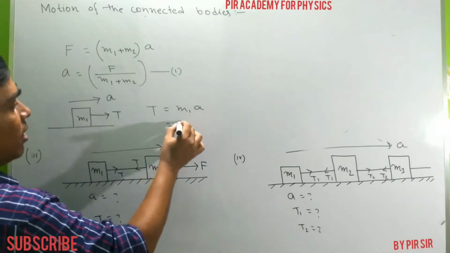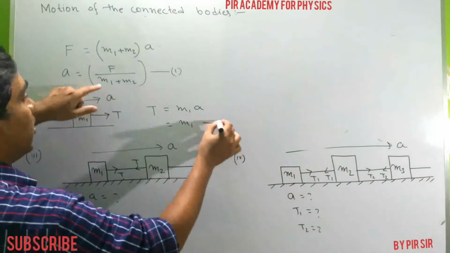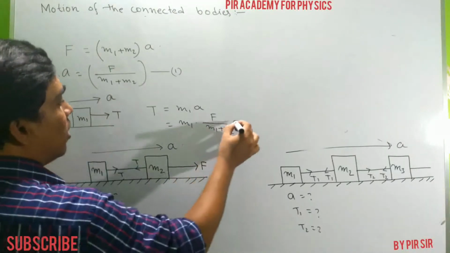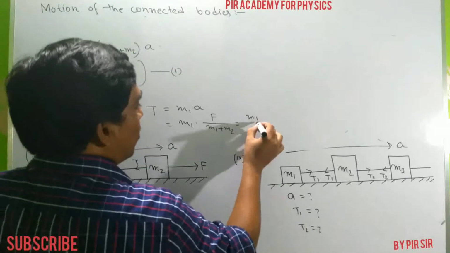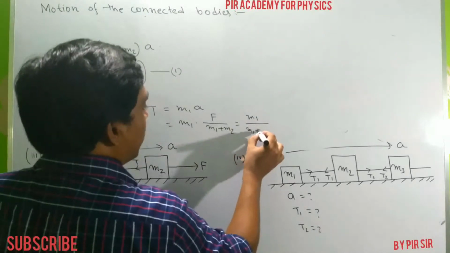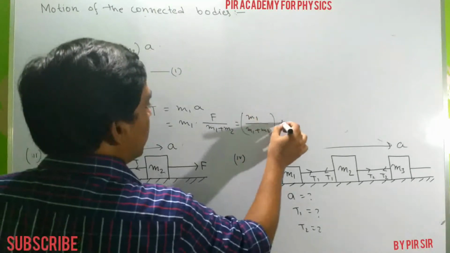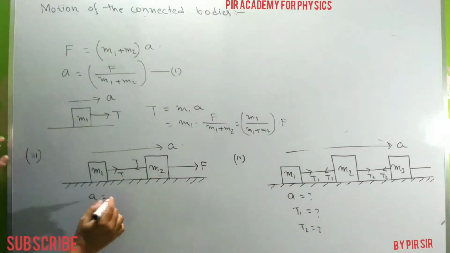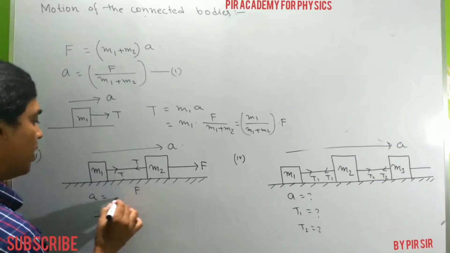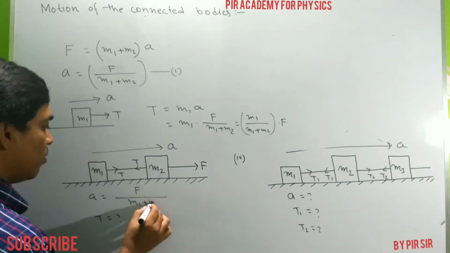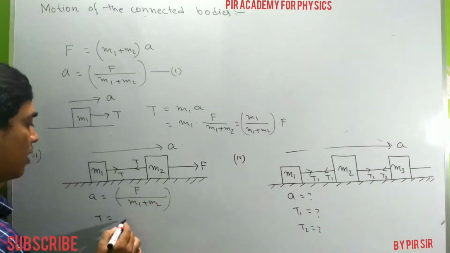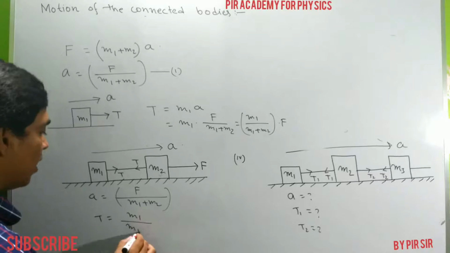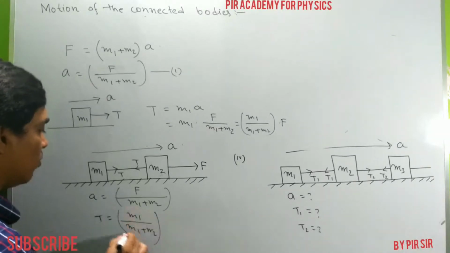Here T means M1 into A, that is F by M1 plus M2. That means M1 divided by M1 plus M2 into F. Here A is F divided by M1 plus M2, and T is M1 divided by M1 plus M2 into F.